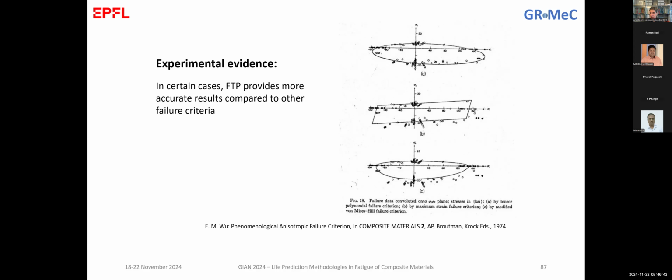The first is the tensor polynomial, the interaction failure criterion that we are discussing today. The second is the maximum strain failure criterion.